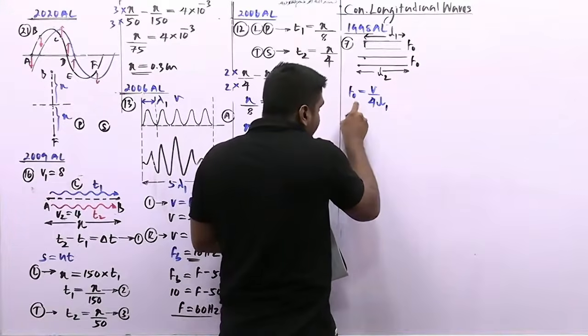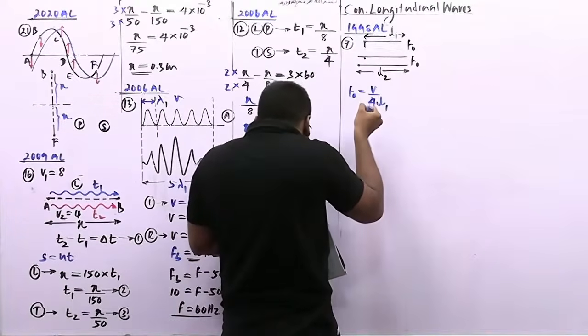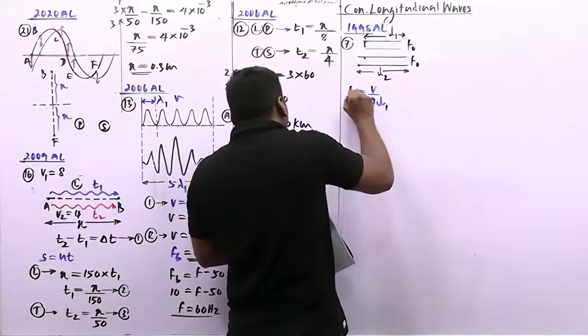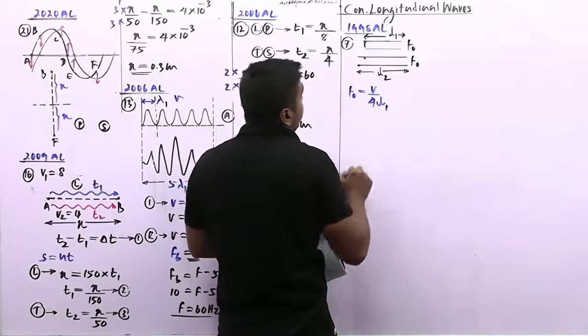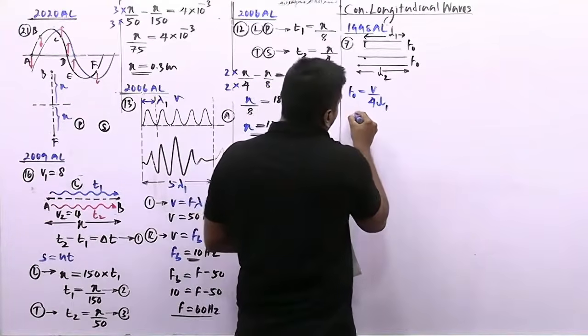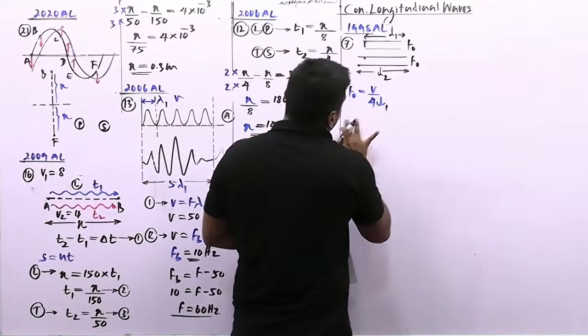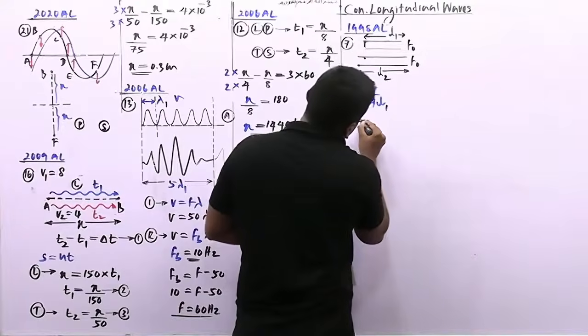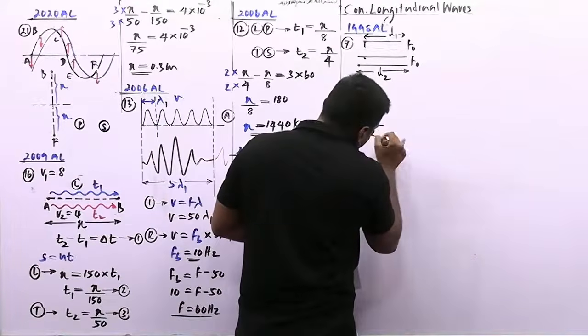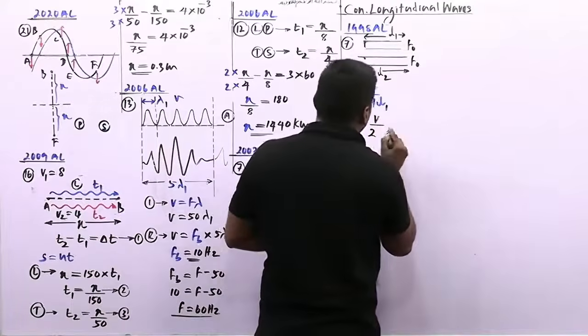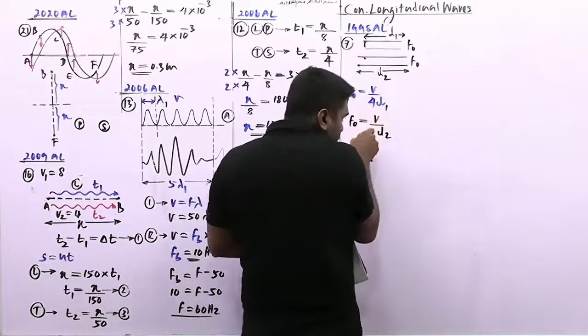For the both end open tube, the fundamental frequency equation is what? F naught is equal to v over 2L. The length of the open end pipe is L2.